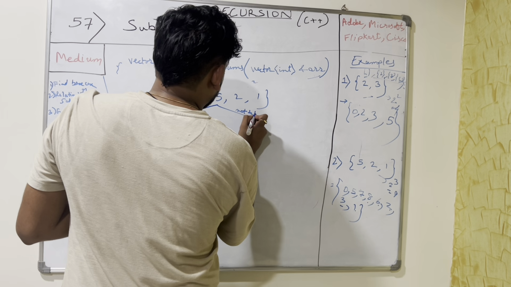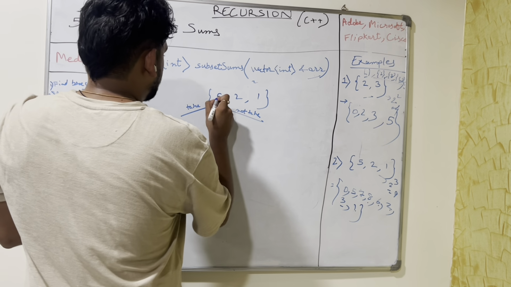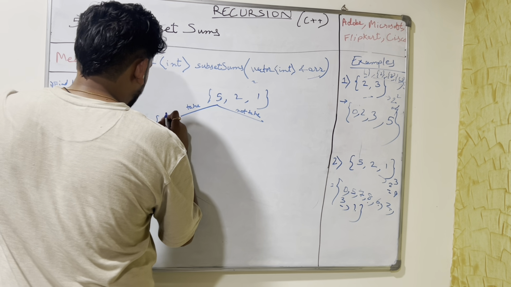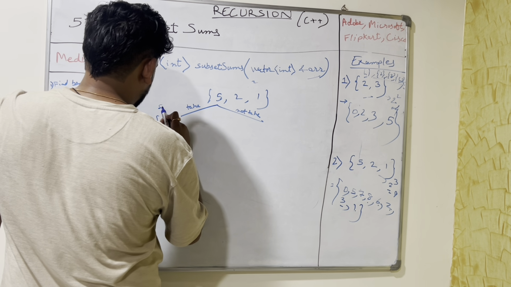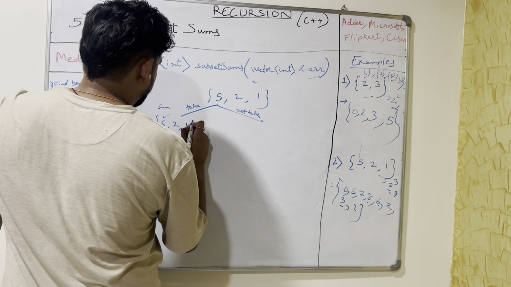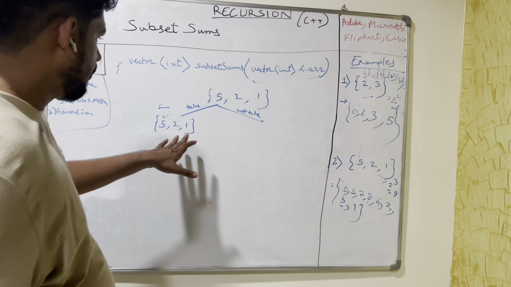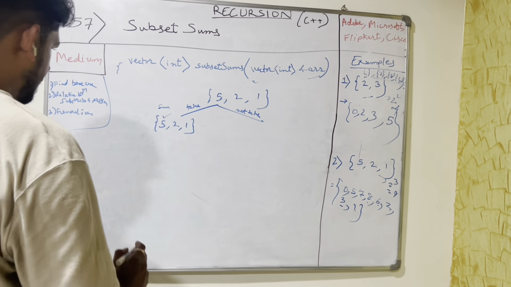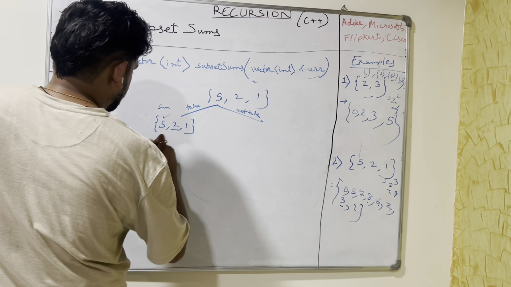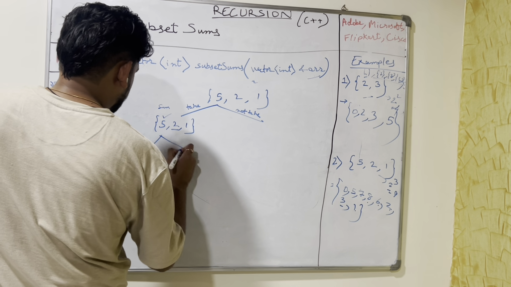So when you decide to take 5, then the value 5 is added to the sum. Okay, and then you took 5 and then you have 2 and you have 1. So say you have taken 5 and then your function comes to 2 and you again decide take and not take.